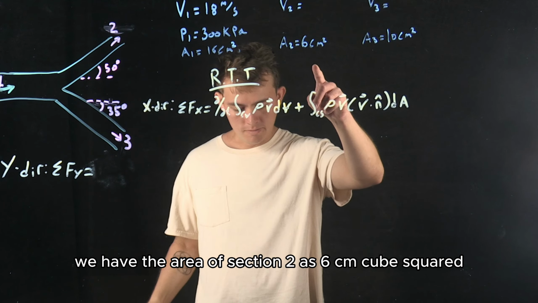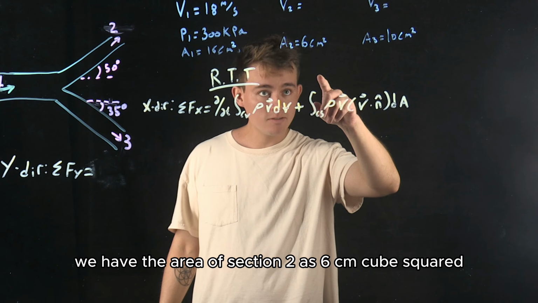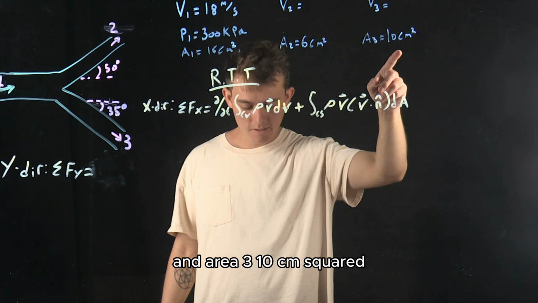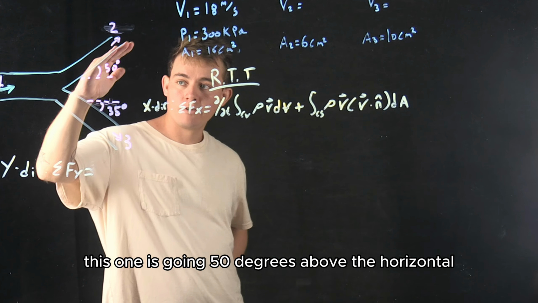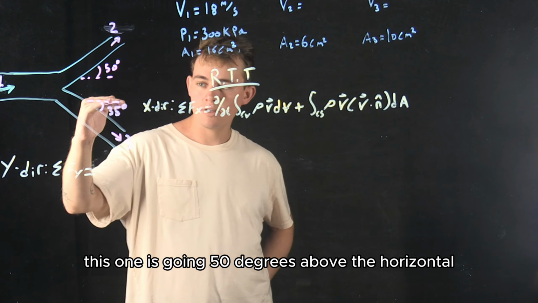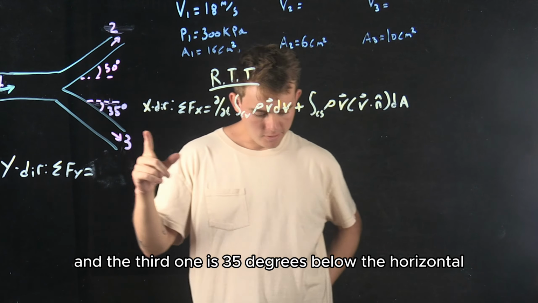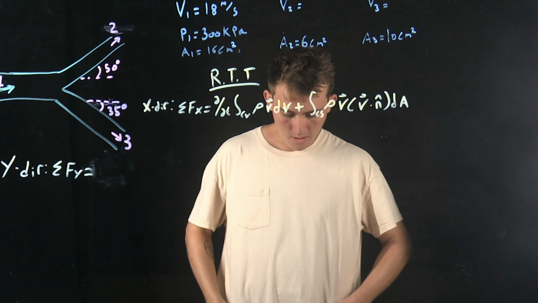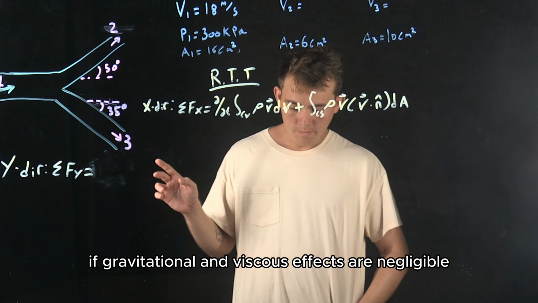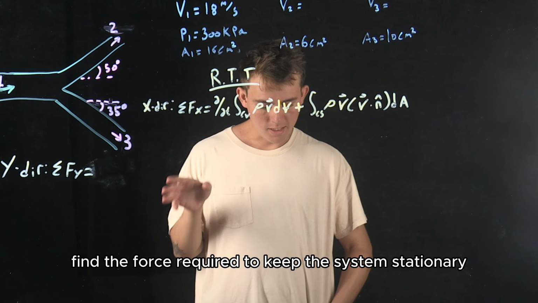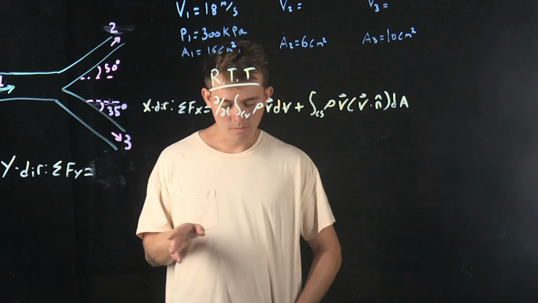The area of section 2 is 6 centimeters squared, and area 3 is 10 centimeters squared. We also have that this one is going 50 degrees above the horizontal, and the third one is 35 degrees below the horizontal. If gravitational and viscous effects are negligible, find the force required to keep the system stationary.